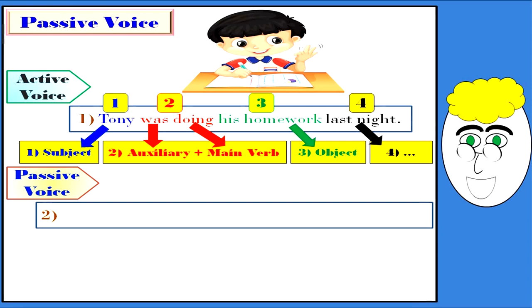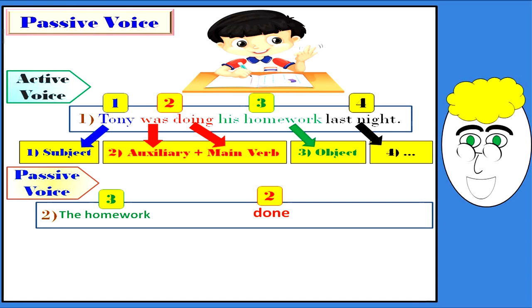So what we start with is part number 3, his homework, or better say, the homework. Next is part number 2, done. This is the verb to do. It's the second element of part number 2, was doing.